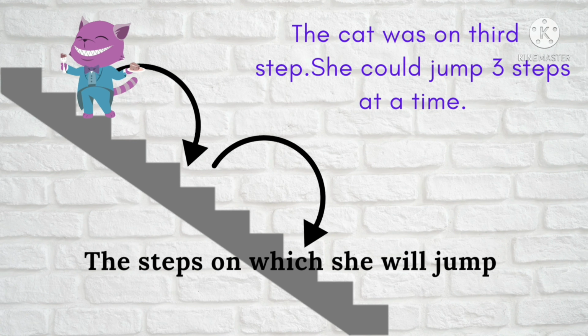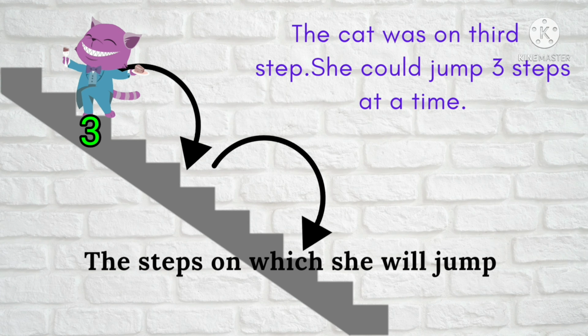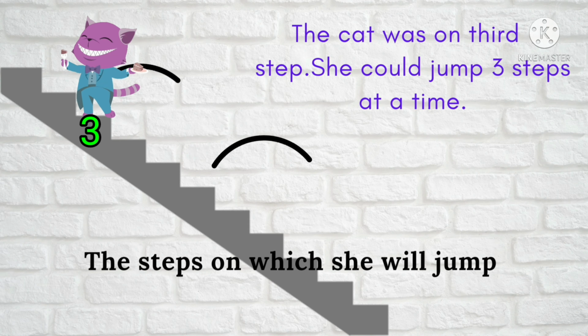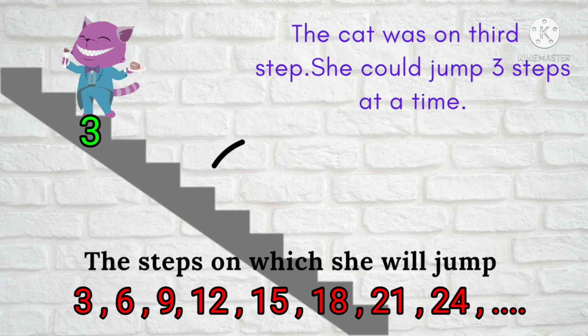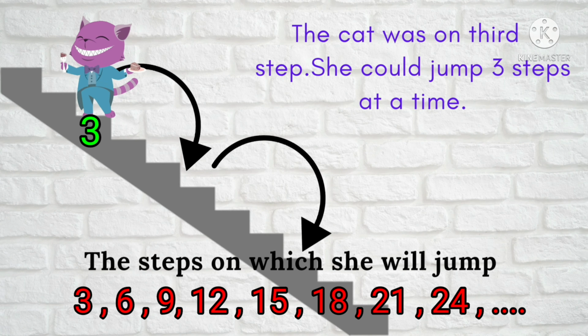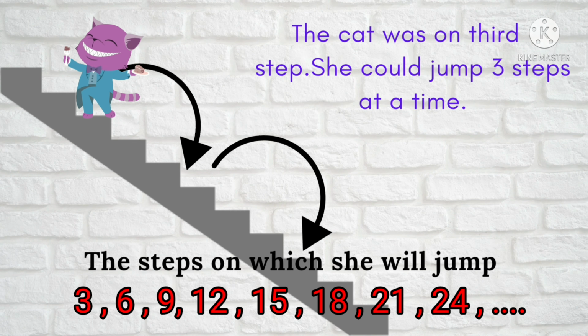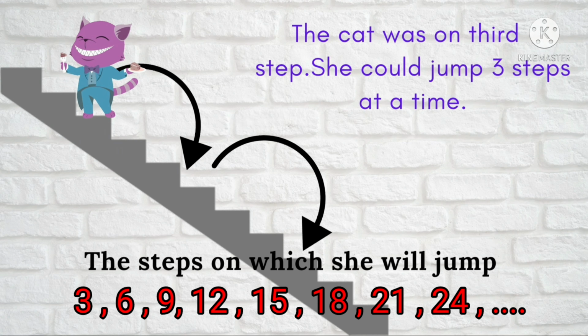The cat was on 3rd step. She could jump 3 steps at a time. So, the steps on which she will jump will be 3, 6, 9, 12, 15, 18, 21, 24 and so on.